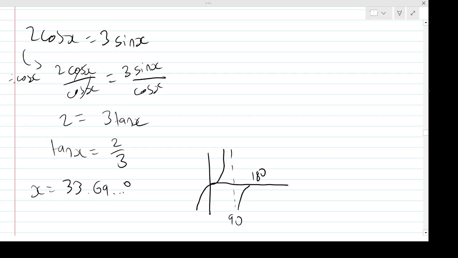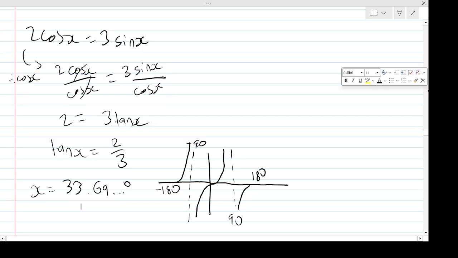So if we continue the graph on, at minus 90 there, and that would be minus 180 there. The first solution is 33.69, so that would be about 33.7, somewhere there, right?